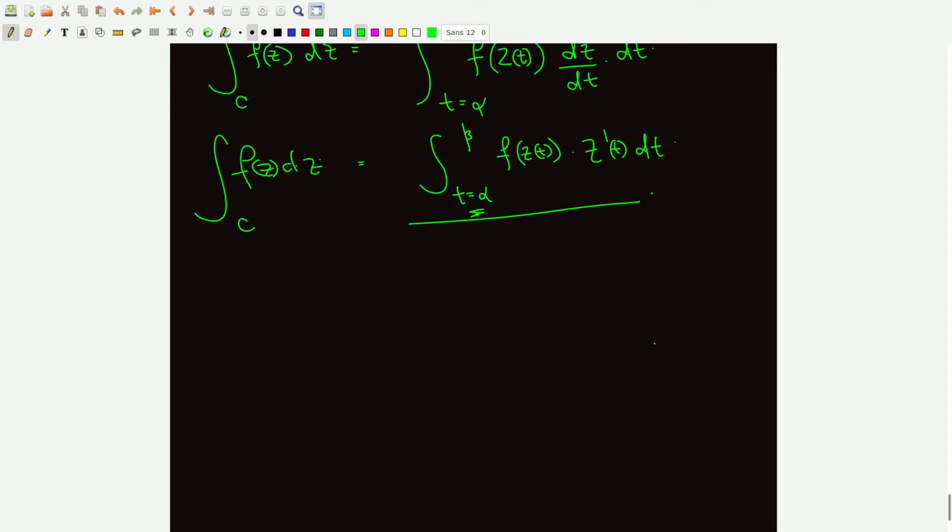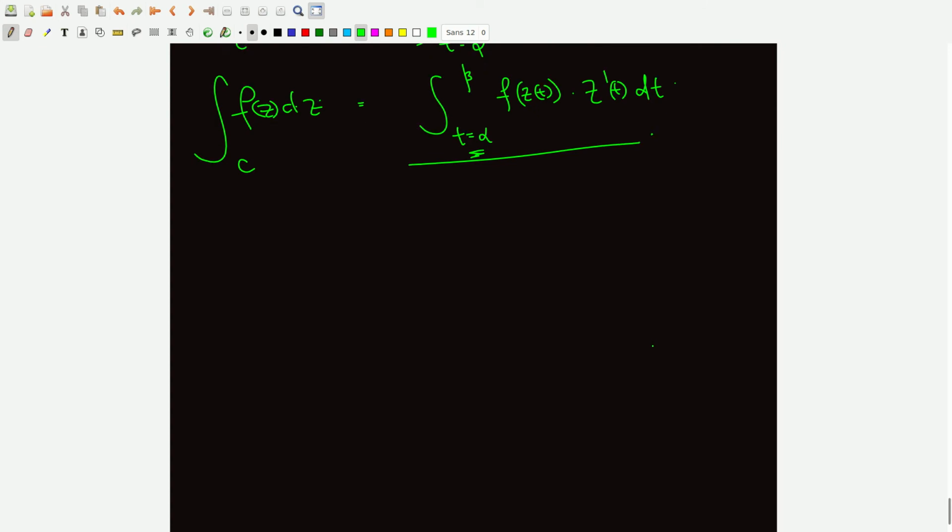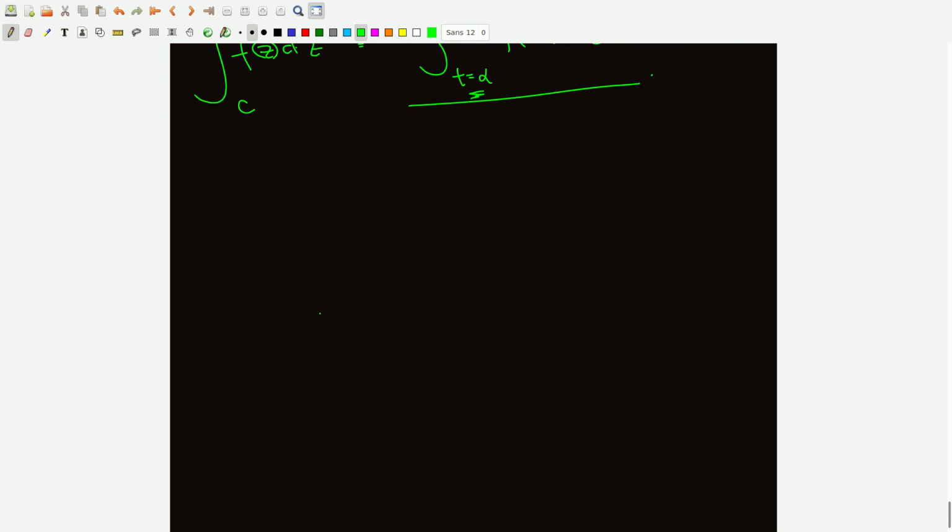So let's look at the first example here. Of course, for these ones we know that z equals x plus iy. Therefore z of t will be equal to x parameterized by t, plus i times y parameterized by t, that is the notation.